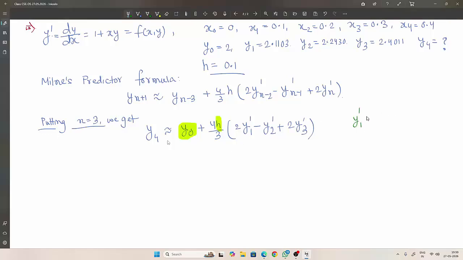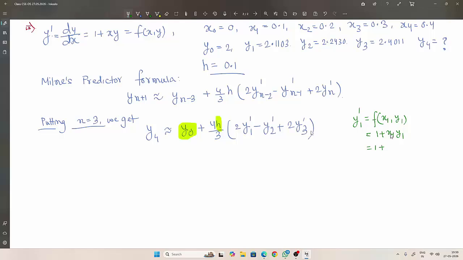So what is y1'? Tell me, what is y1'? It is f. So y' is f of x, y. Now y1' is f of x1, y1, the f value at the point x1, y1. Now what is f of x1, y1? It is 1 plus x1 y1.